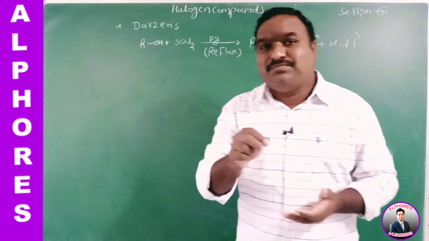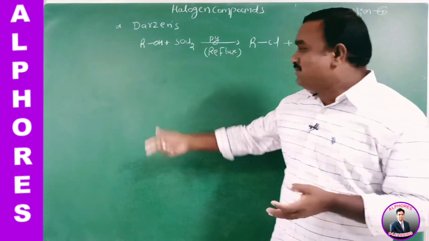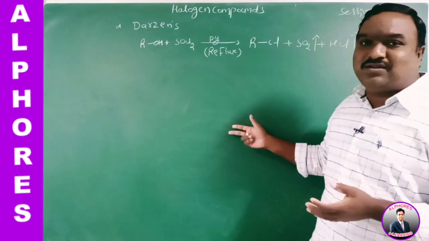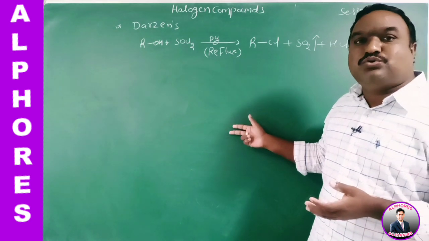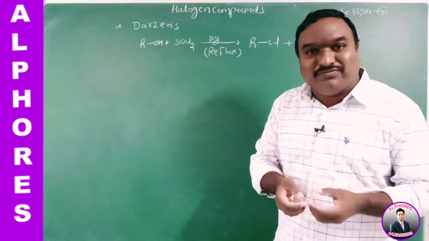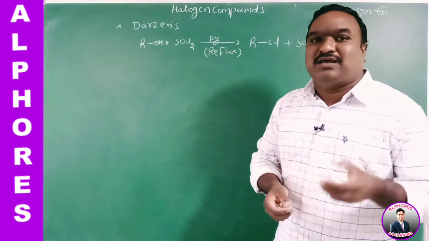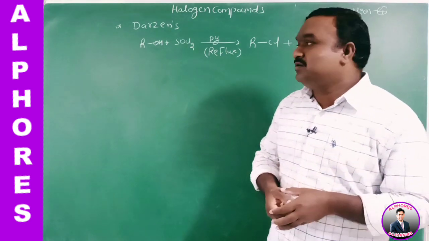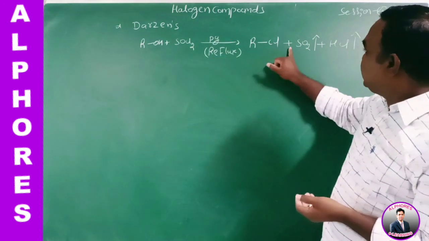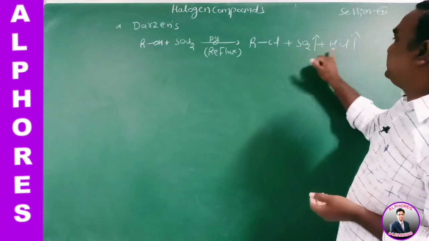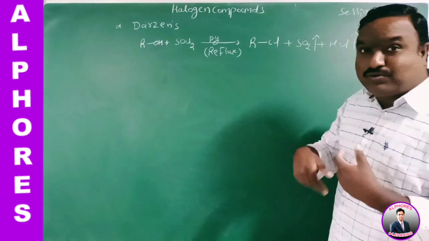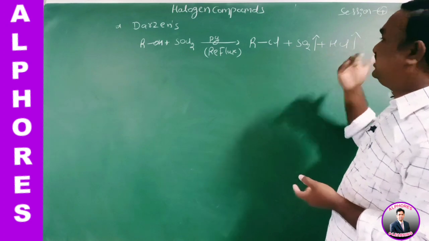Why is this one of the best methods? In whatever other method is given, some byproducts are formed. To remove those byproducts is somewhat difficult, which means we will get a lower yield. Wherever this reaction is given, byproducts are formed in the gas state, which means we can remove them easily from the mixture.